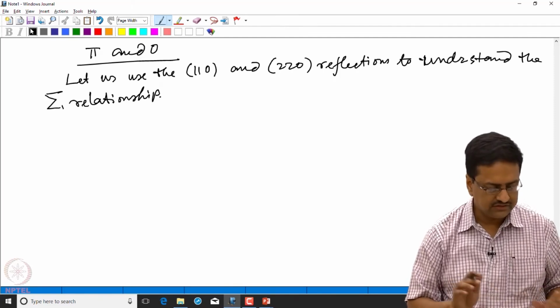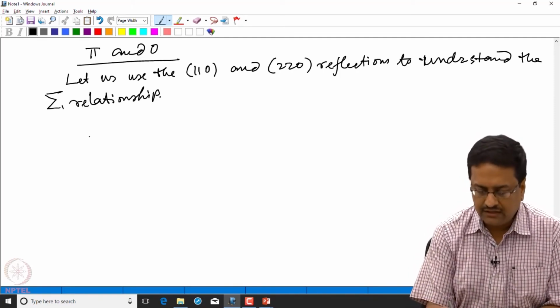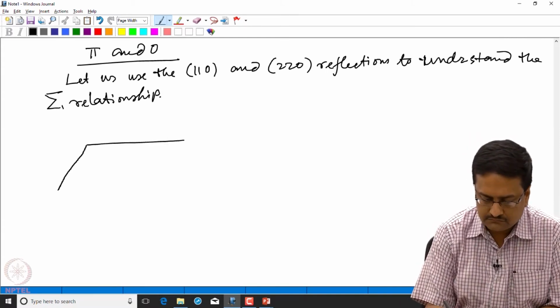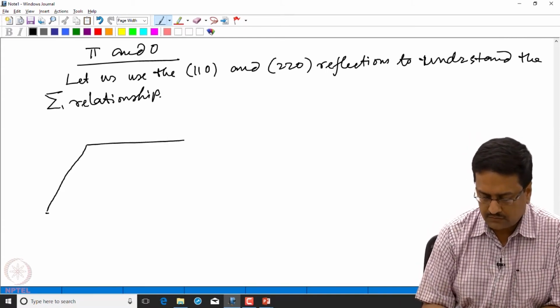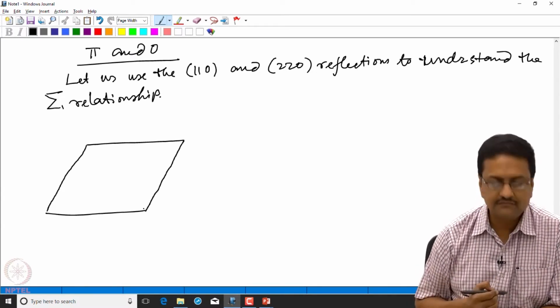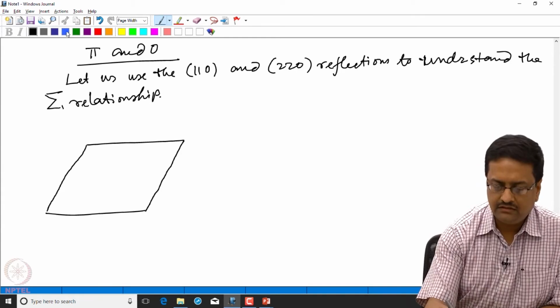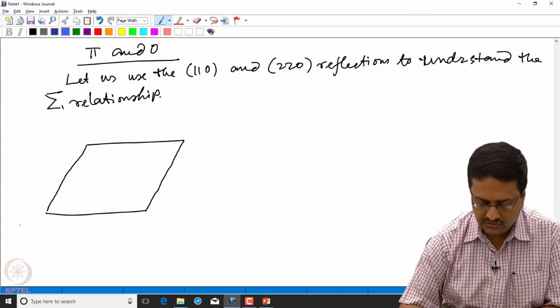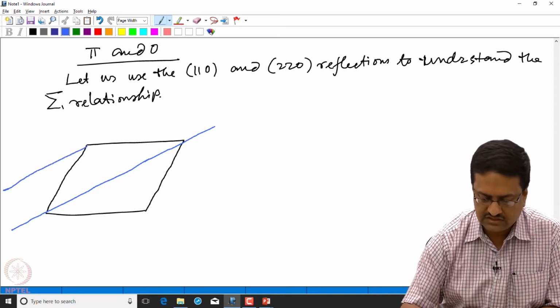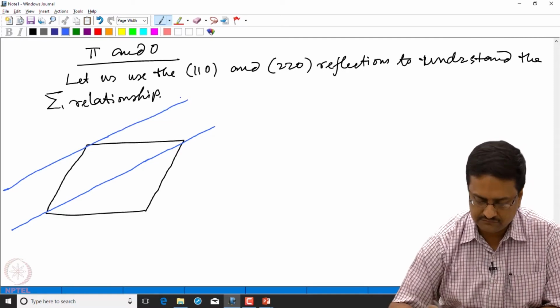Let us first draw the projection of an oblique lattice like this, and then first draw the 1 1 0 set of planes, which are like that.